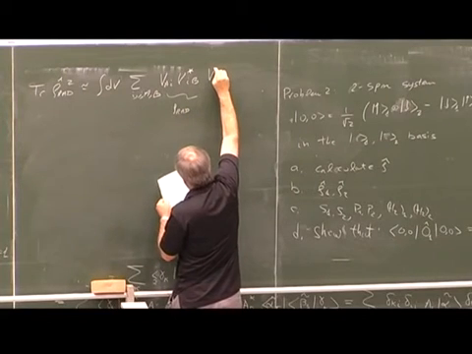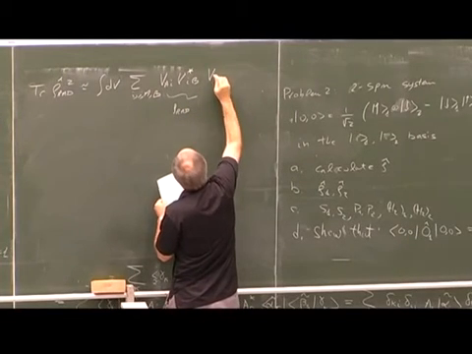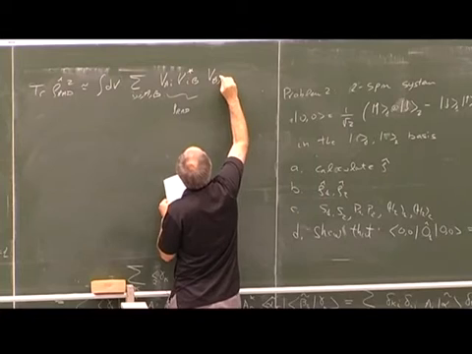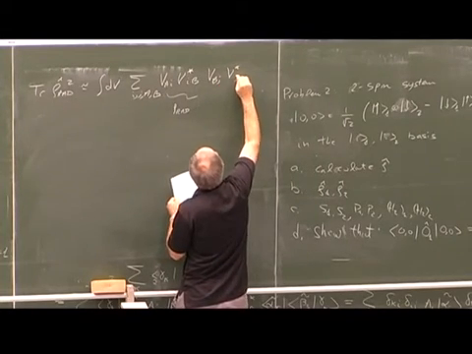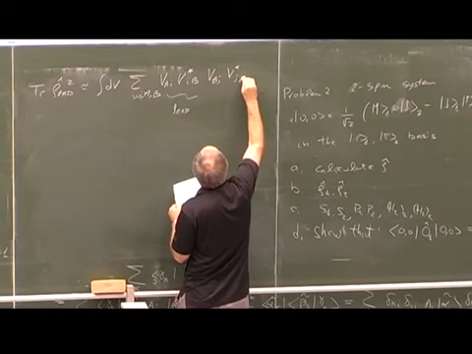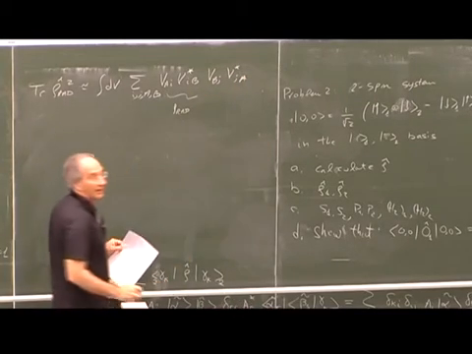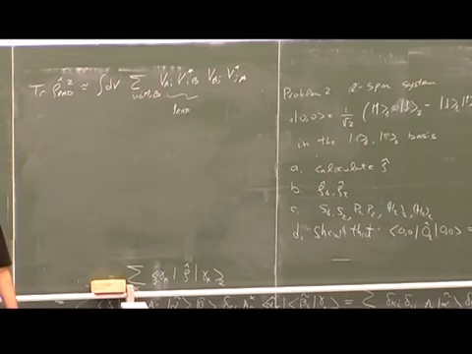Then I have to multiply it again by V_BJ V*_JA. So the B's here are the same because I'm multiplying a matrix, and the last indices are the same because I'm taking the trace. So I multiply rho times rho, and I take the trace.